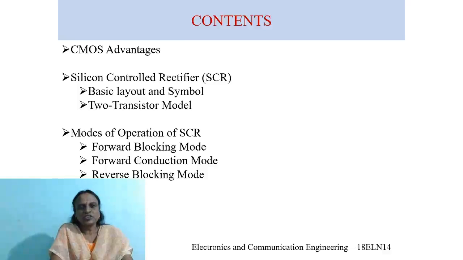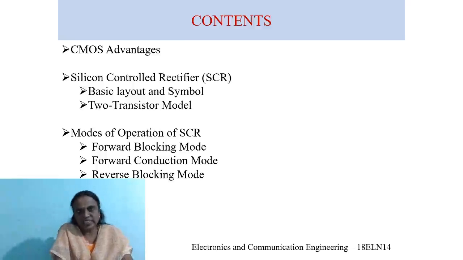In the modes of operation of an SCR, we have namely the forward blocking mode, forward conduction mode, and reverse blocking mode. How these modes are represented graphically, and how we can identify these modes from the graph, we are going to see shortly in the further PPTs in the same session.